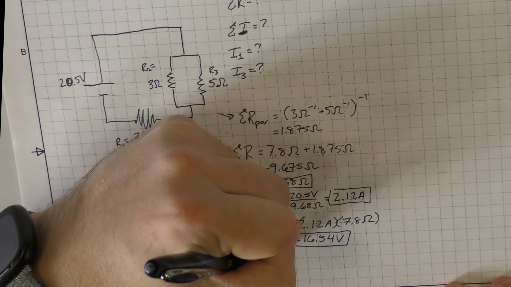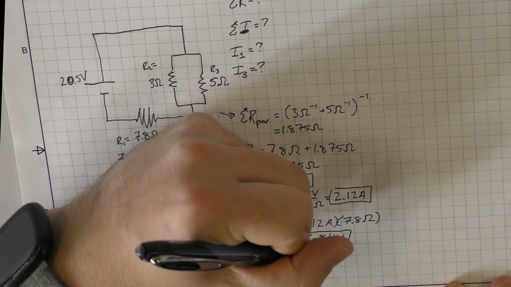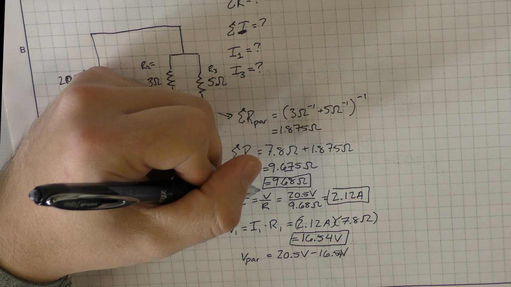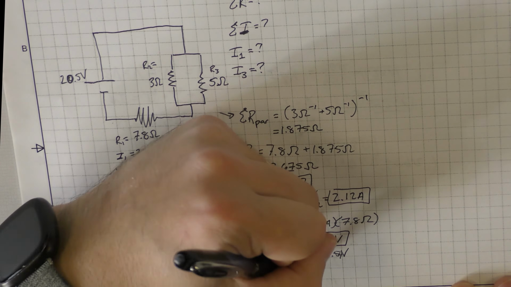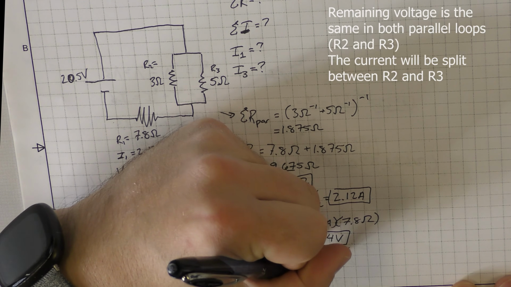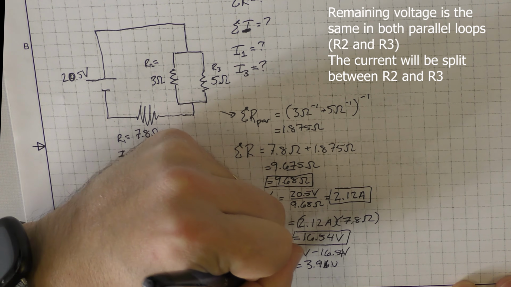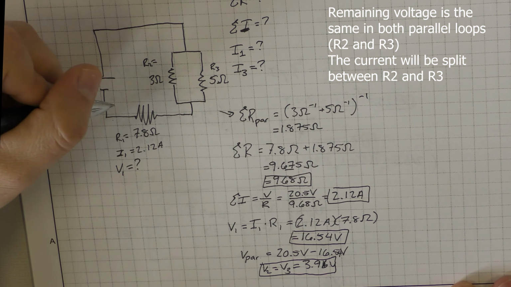That's how much voltage is being used by R1. If we subtract that from 20.5 volts, that will tell us how much of the voltage is left, and that's how much is being used by the parallel branch. That will be the voltage across the parallel branch, but the current will still get split, so we need to determine how much of it is being used by R2 and how much of it is being used by R3.